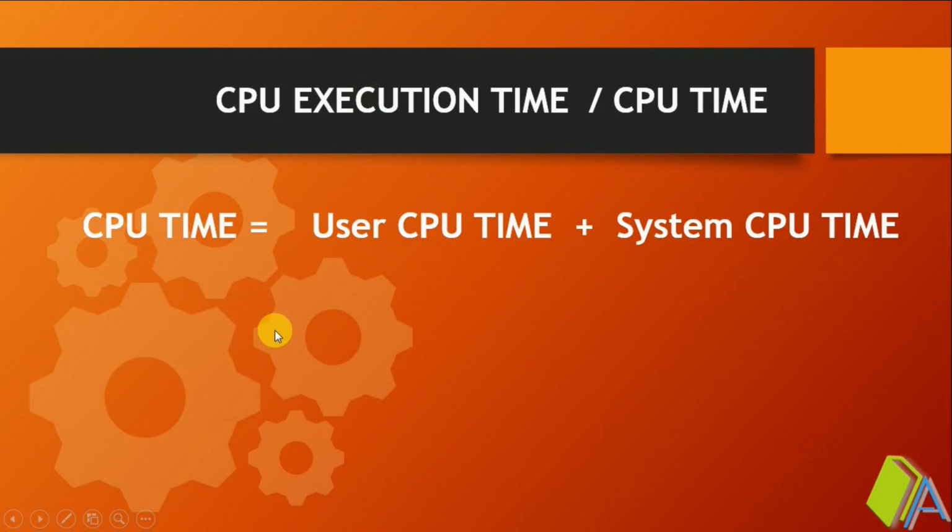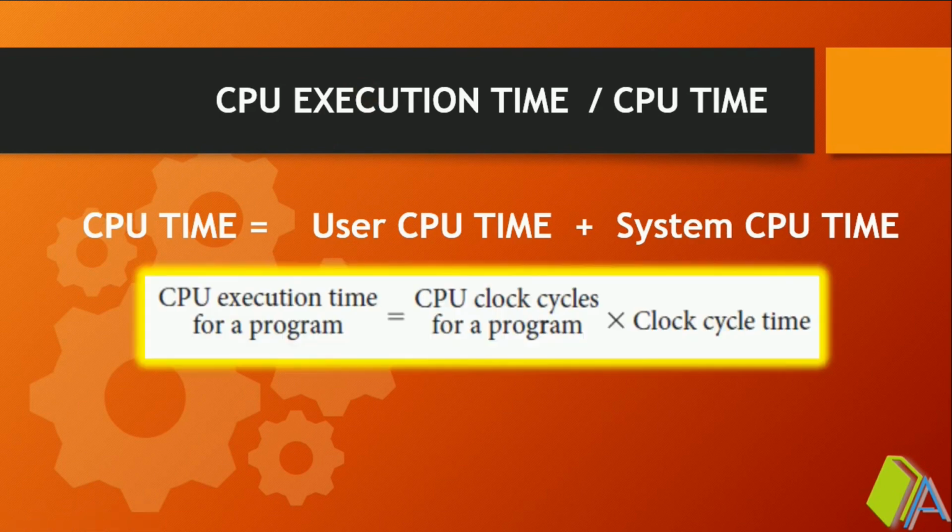So we can give the general expression for the CPU execution time for a program: it is equal to CPU clock cycles for a program into clock cycle time. This is the number of clock cycles required for execution of all the instructions available in the program, into the clock period, or clock length, or clock duration.